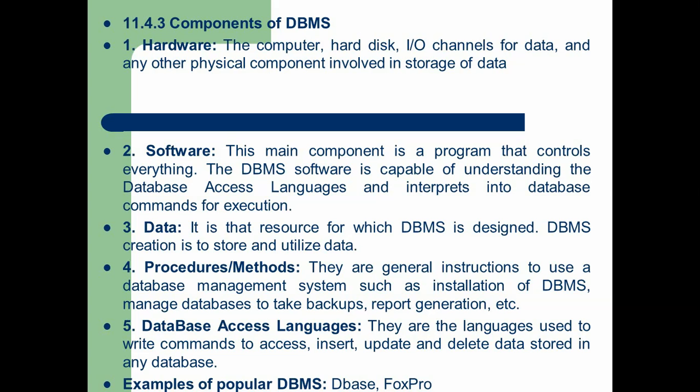Of course, you know SQL is the famous language used for accessing the database software and also used to give insert, update and delete commands for any database. Some examples of DBMS are dBase and FoxPro, which we already discussed.